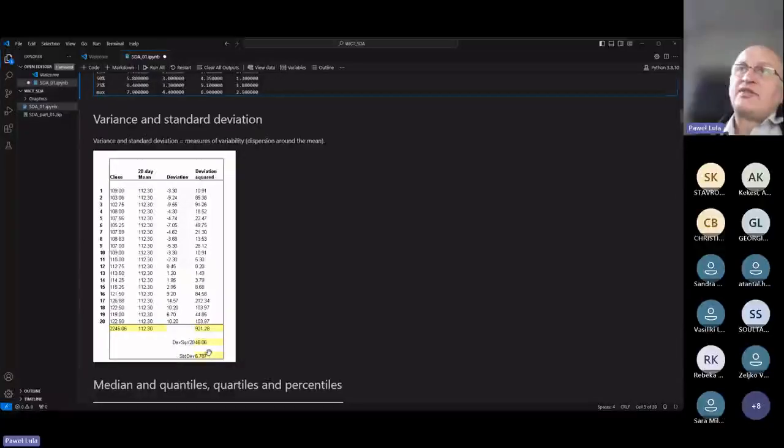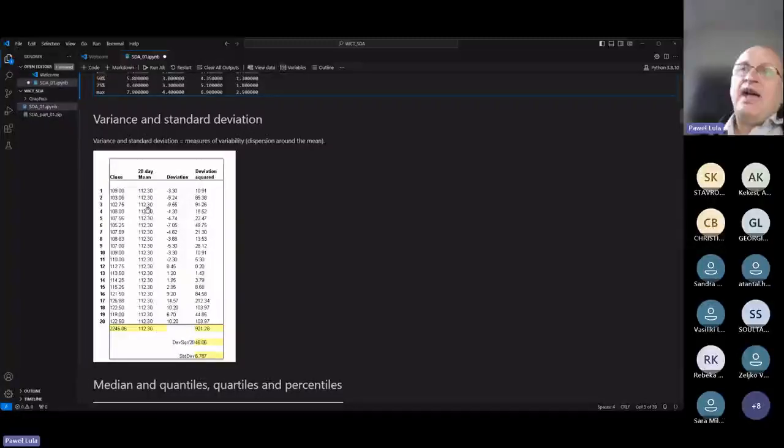It is a variance. And the square root of a variance value is called a standard deviation. Standard deviation can be interpreted as an average distance between a given value and the mean value calculated for all values of this variable.